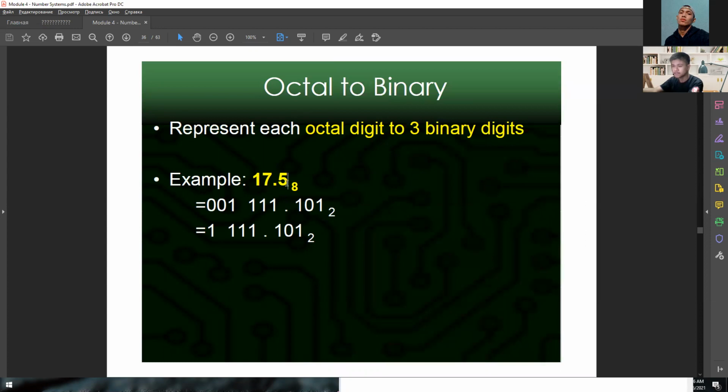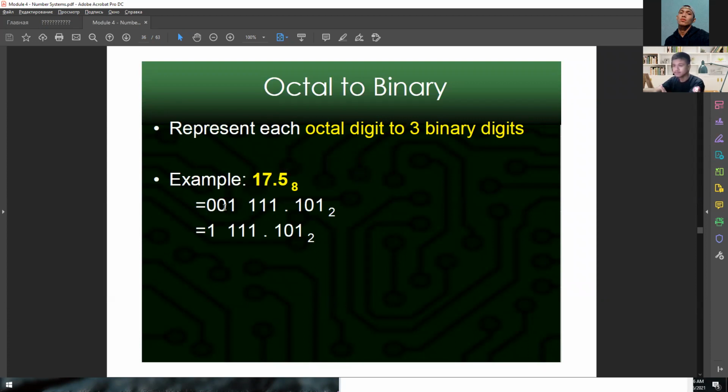From here, as you can see, 5 is 101, so 1 plus 4 is 5. If it's 7, then just activate everything: 4 plus 2 plus 1 is equal to 7. And for the 1, you only need to activate the 1, so it's 0, 0, 1.